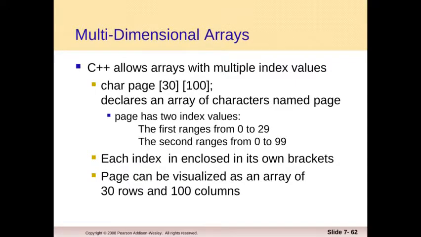Each and every one of them is of the base type. And the base type in this case is not just char. The base type in this case is a char array of 100 elements. So each and every one of those in here has 100 chars in turn.